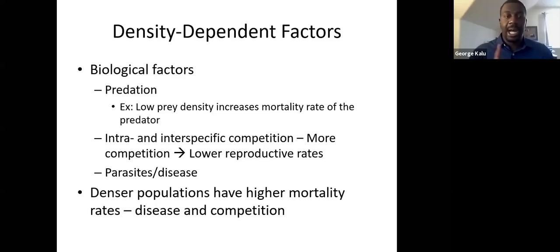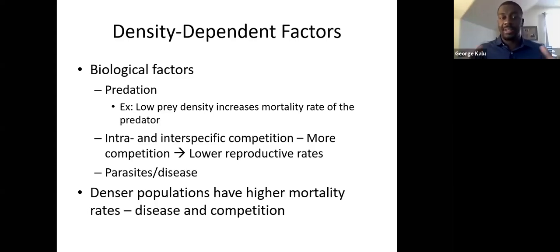Okay? Intra and interspecific competition can also factor into different density-dependent factors too. So if we have more competition, that's going to result in more individuals dying. And if we have more individuals dying, we're going to end up with lower reproductive rates, and that's going to cause the population growth to decline as well. And then parasites and disease, right?